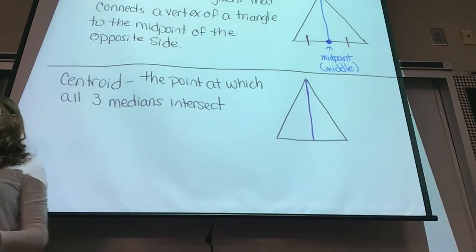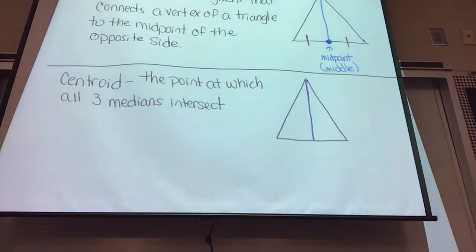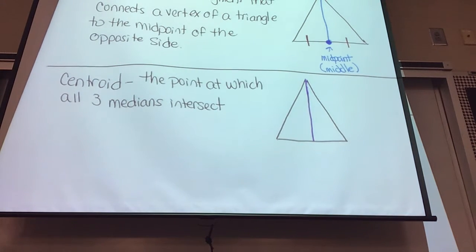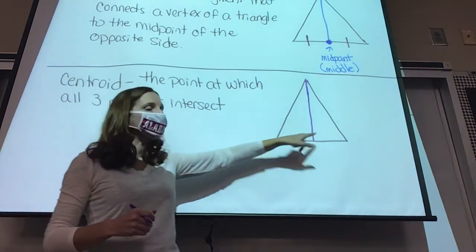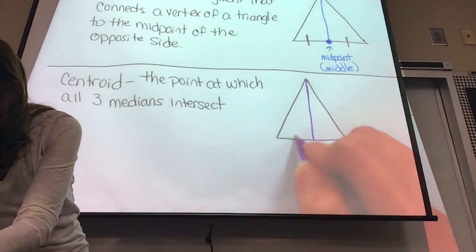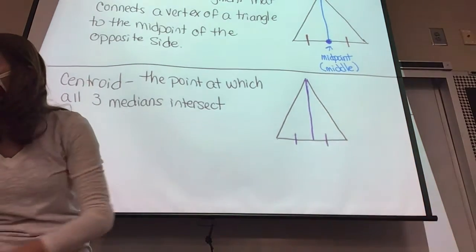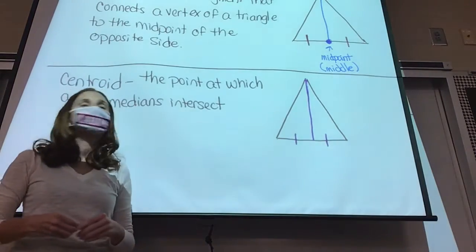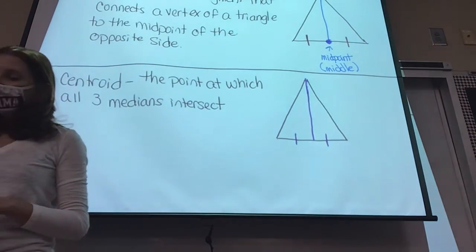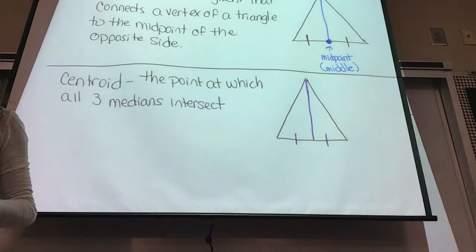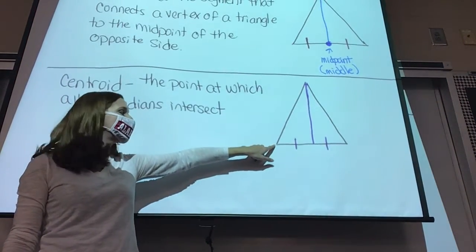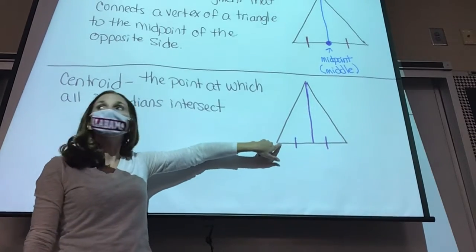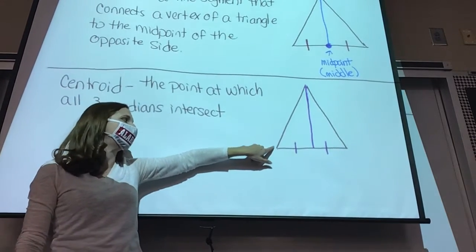So I've already drawn this one. Now again, I know that when I draw this, it's already cut those 2 pieces in half. So I know those 2 are congruent. Now, I'm going to swap and get a different color. And I'm going to draw one from this corner. So I'm now going to draw a median from this corner.